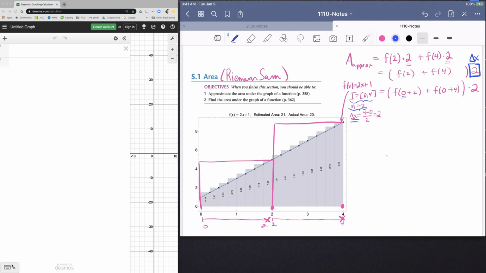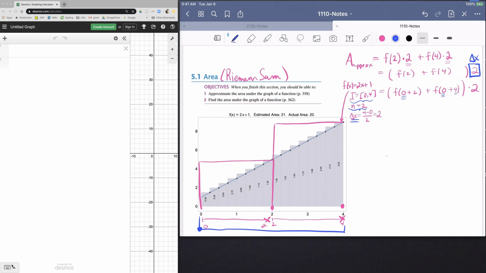Notice that this 0, I have brought into the game because we were trying to find the area under this function from 0 to 4. 0 is the left endpoint, the leftmost part of the interval that we are looking at, and we end at 4 because that is our right endpoint.